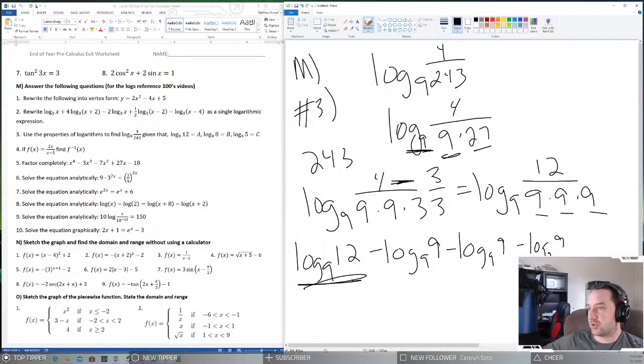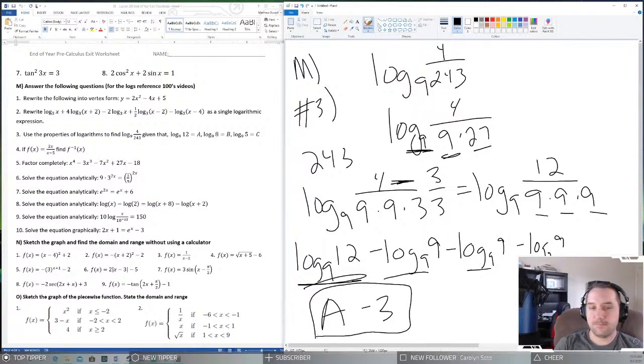Well, log base 9 of 12 is A, and then log base 9 of 9 is 1. So 1, 2, 3. So it'll be A minus 3. This one is a more difficult log problem, though. So if it's like, wait, what? Don't be too alarmed.